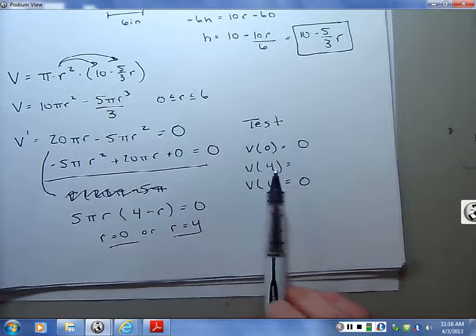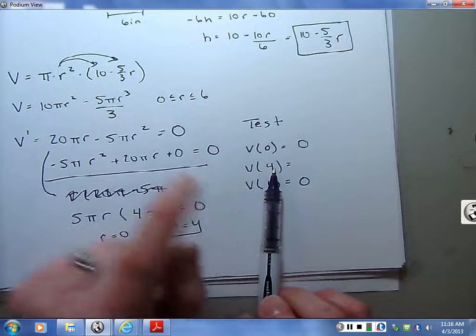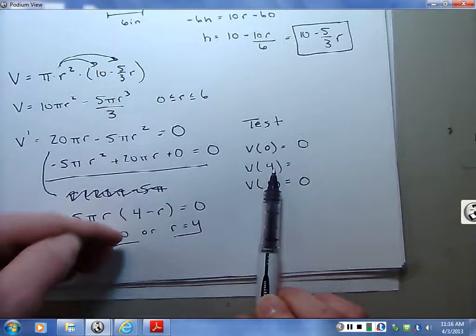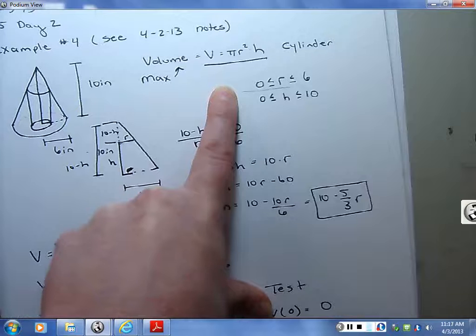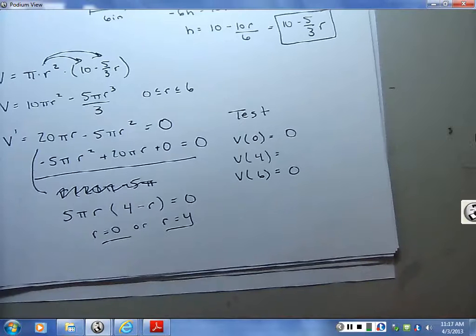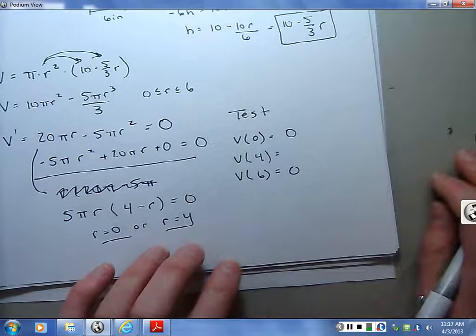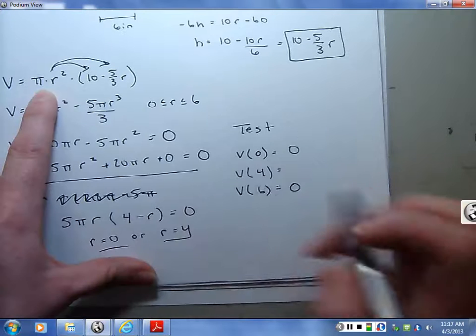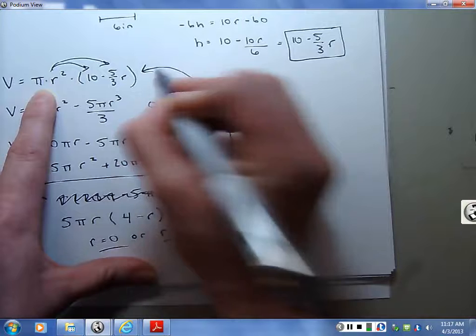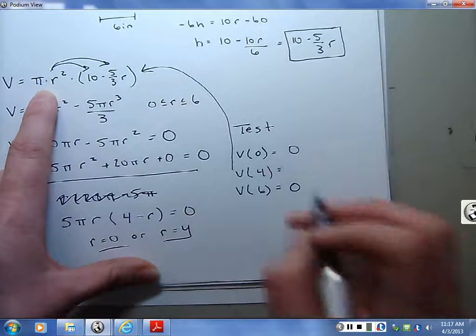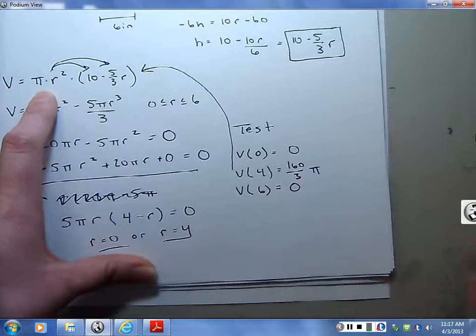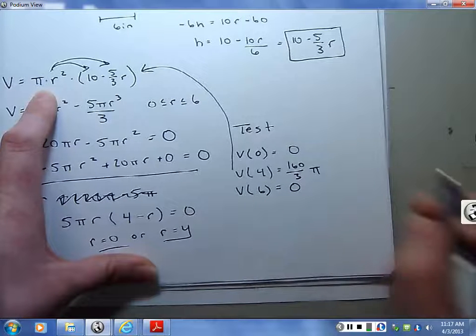Now here, as r is 4, I can plug it into the volume formula for specifically r, or I can find h and plug it back into the original volume formula. I don't know what it asked me. It just asked me for the maximum volume, so I don't need to find h. I already have a formula for volume in just terms of r. So if I plug this in, I get 160 over 3 pi. So this is the max volume.